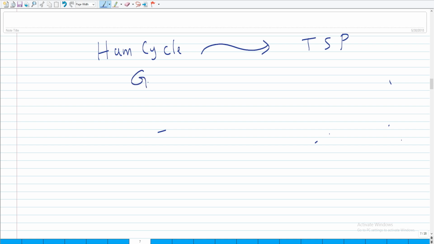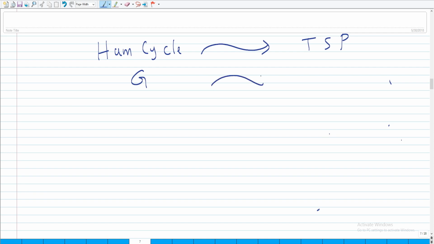So, we are given a graph where I am trying to find whether the Hamiltonian cycle exists or not. I will construct a TSP instance. What do I need for a TSP instance? I need distances on the edges. It is a complete graph with distances on the edges, right.